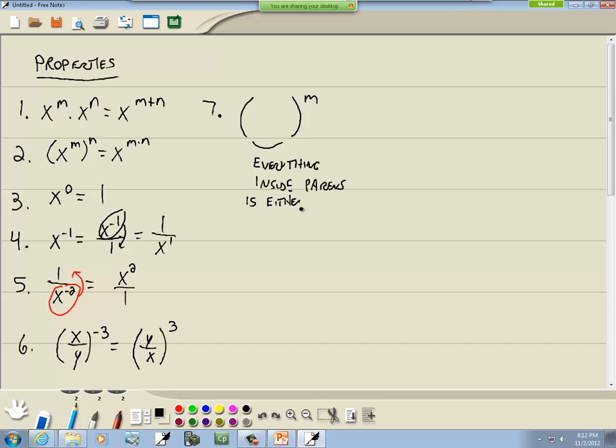So everything's being multiplied or divided. So everything inside parentheses is either multiplication or division. Then what you do is you take everything to that power.